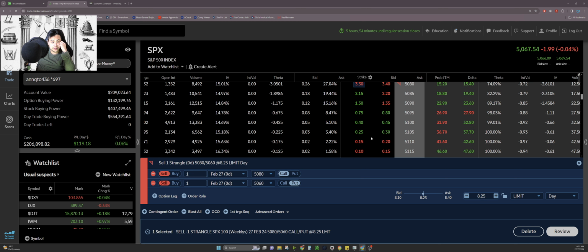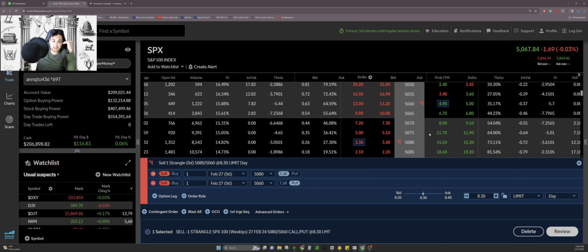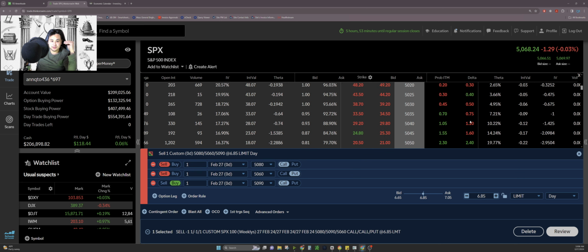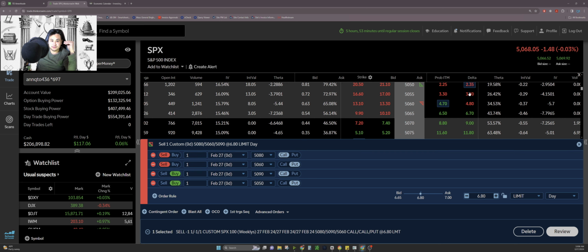Okay. And now we can choose either a 10 or $20 wide wing. If we do a $20 wide wing, we actually have a higher P&L percentile or profit margin relative to a $5 or $10 one.